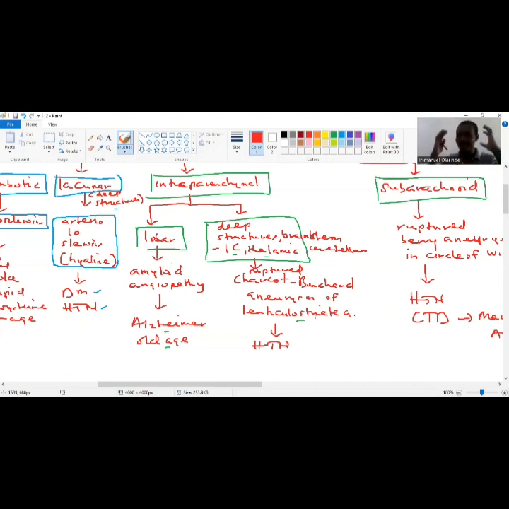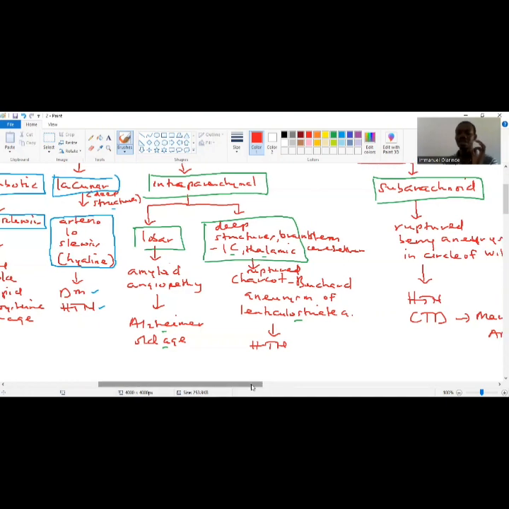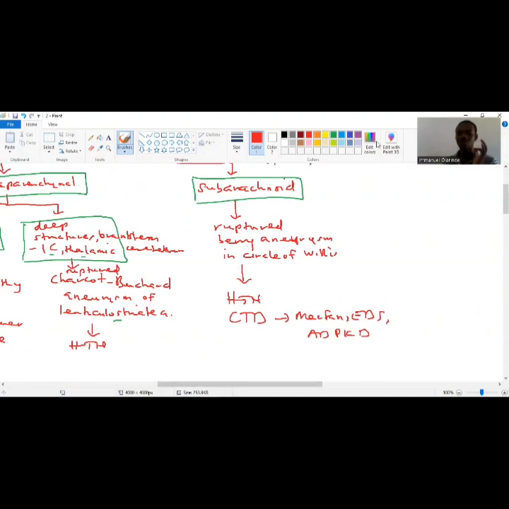But if it's lobar, it's likely going to be amyloid angiopathy, with Alzheimer's and old age as your risk factors. Subarachnoid hemorrhage is going to be a ruptured berry aneurysm.